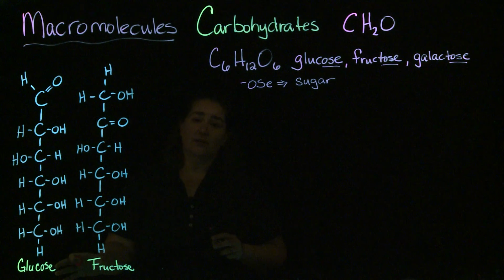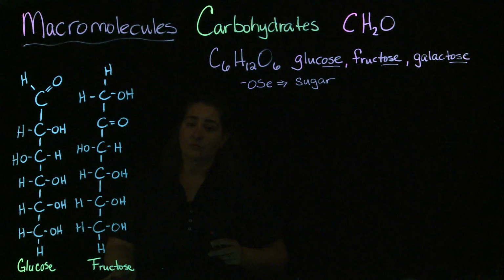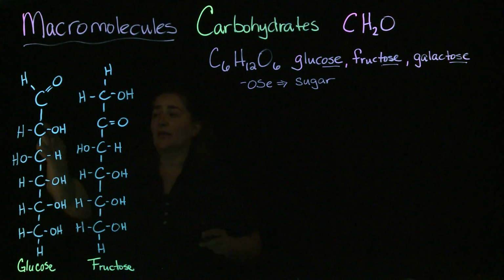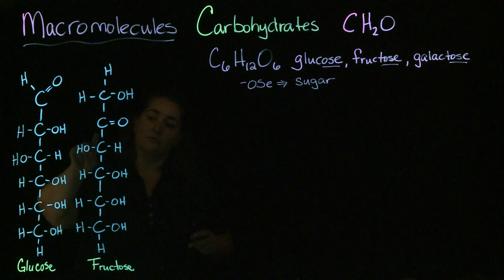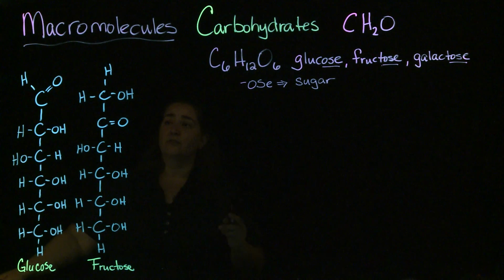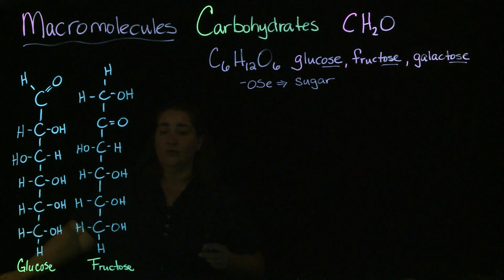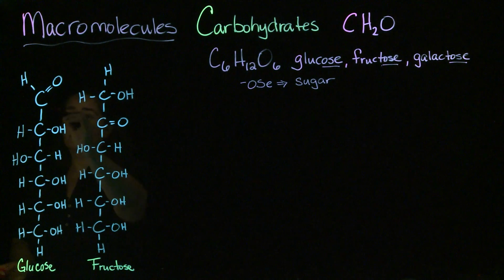That's what I've got over here. I don't have all 3, I just have glucose and fructose as an example. If we count up, we've got 1, 2, 3, 4, 5, 6 carbons, and 1, 2, 3, 4, 5, 6 carbons. I'll let you count the hydrogens and oxygens on your own. But if you notice, where the functional groups are attached is different.